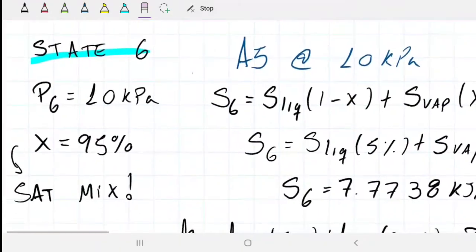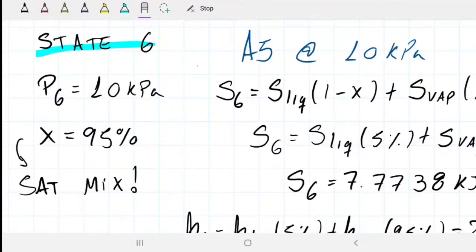Now, state 6, I have two pieces of information. That's all I need to define the state, right? I know that the pressure is 10 kilopascals, like it's the lower limit, and I also know the quality, because it's been said that on the exit of the low pressure turbine, my moisture cannot exceed 5%.